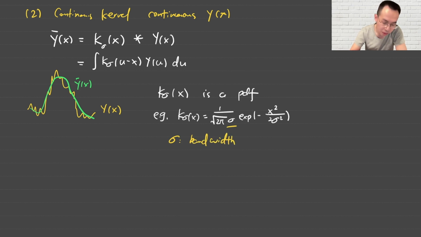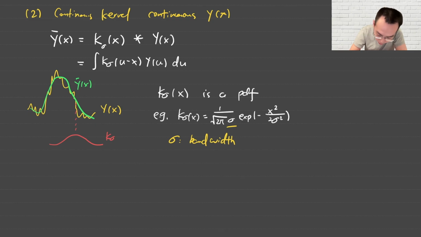Right, so you can imagine that when sigma is higher, that means we are considering more points in the local average formula. For each data point, we are taking the local average using a kernel function, K sigma, at each point.